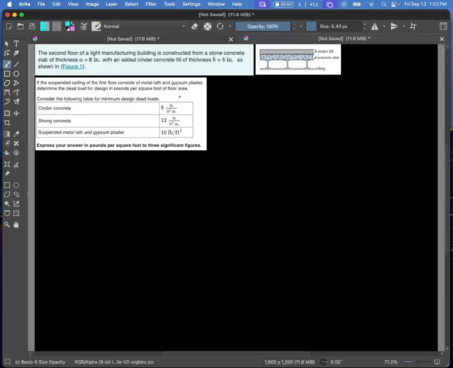So we know that in the end our design is going to have to equal pounds per square foot. So it's going to be like a weight over an area.